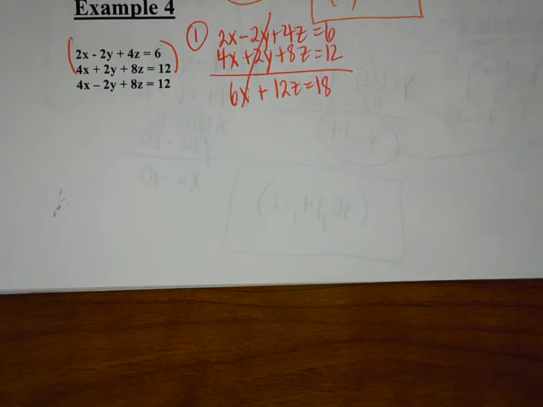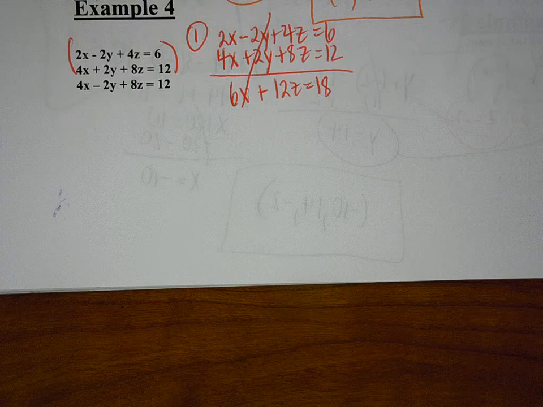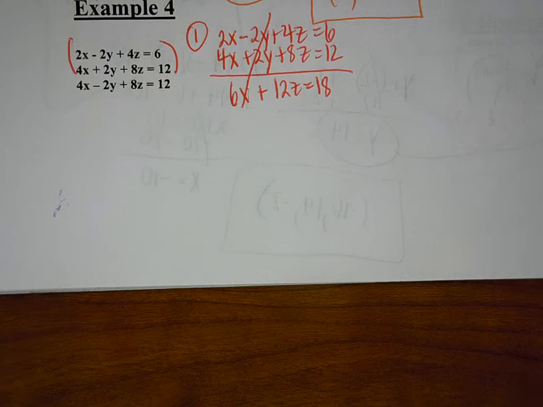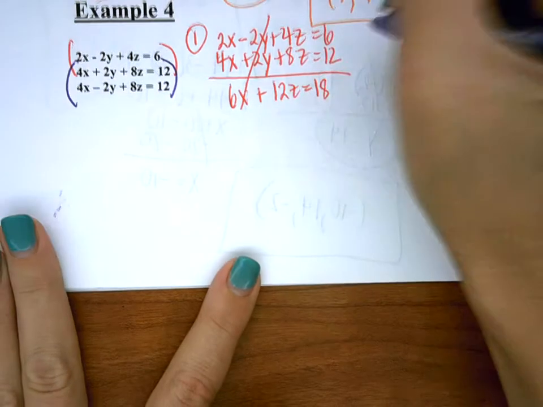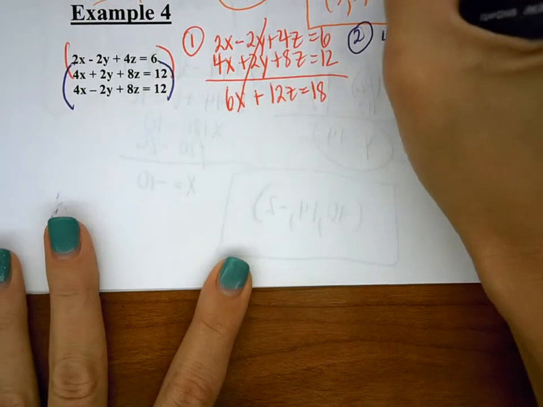Good. Okay, so we need one more equation that has two variables, and we only want the variables to be x and z. So which two equations are we going to add together now? Good, the bottom two. Okay, so we're taking these two now and adding them together. So again, I'm just going to rewrite this over here.